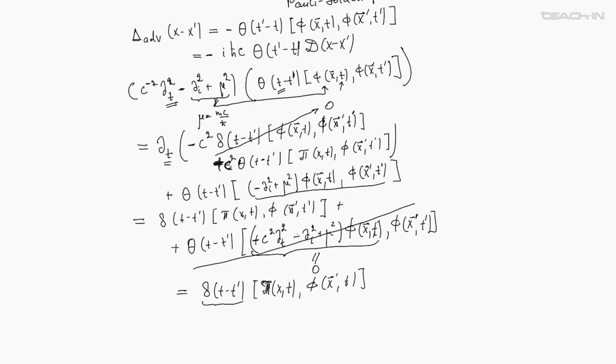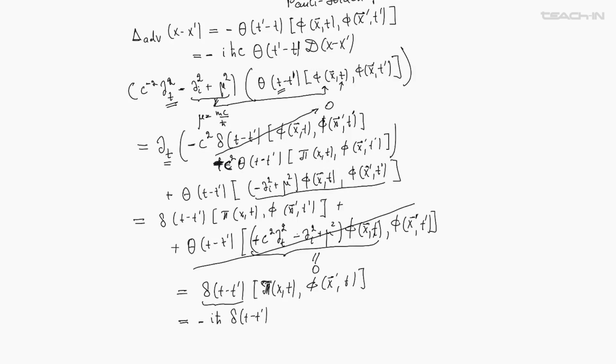And because of the canonical commutation relation, we know that what is written down here is in fact minus i h bar, delta function t minus t prime, delta function x minus x prime.